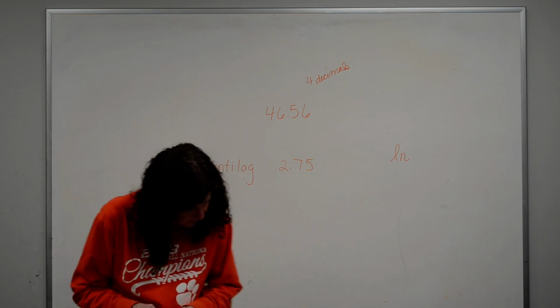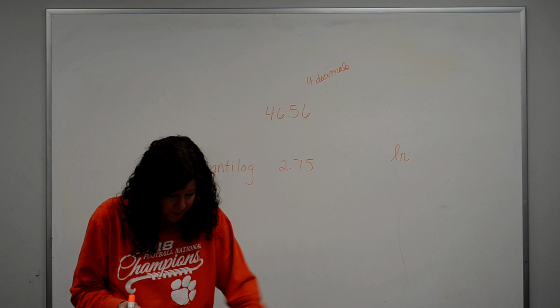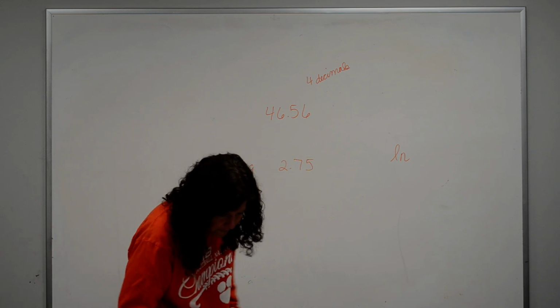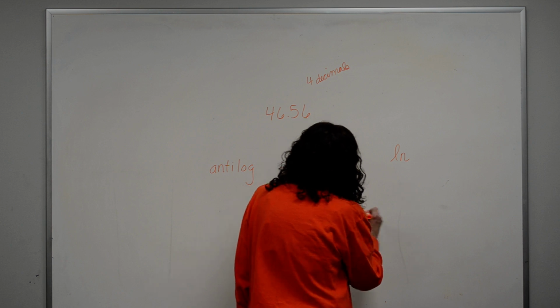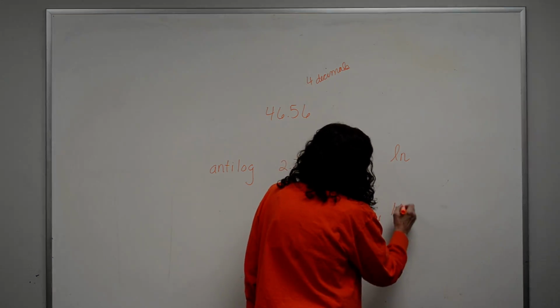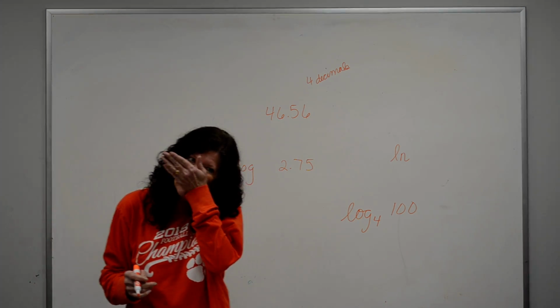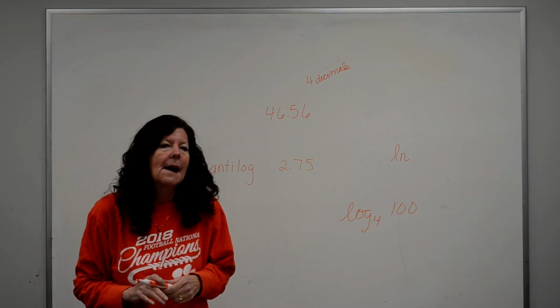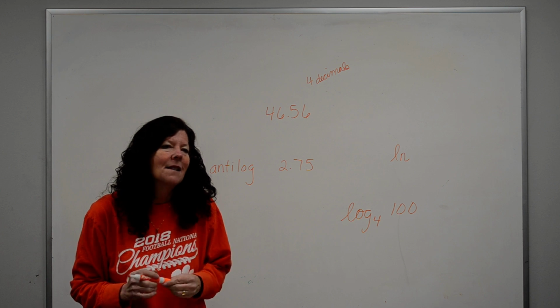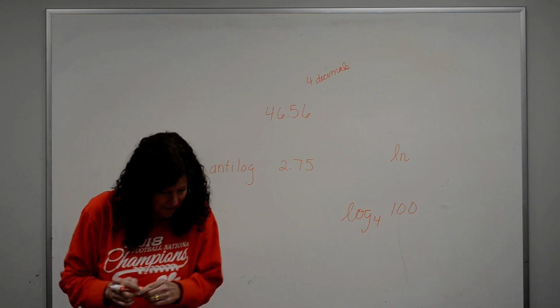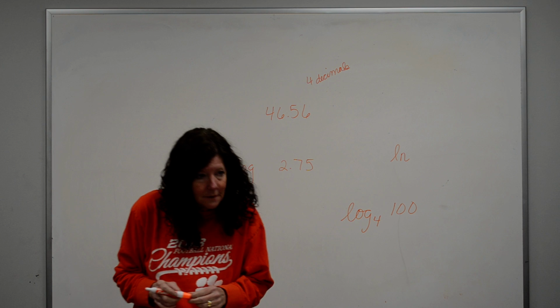Then they had you do a whole section on just shortcuts, which we've worked on all the way through. So in other words, you need to be able to go, oh, the log base 4 of 100. How do I do that problem, Vivian? Shortcut. You should calculate. Yeah, absolutely. Hold on.